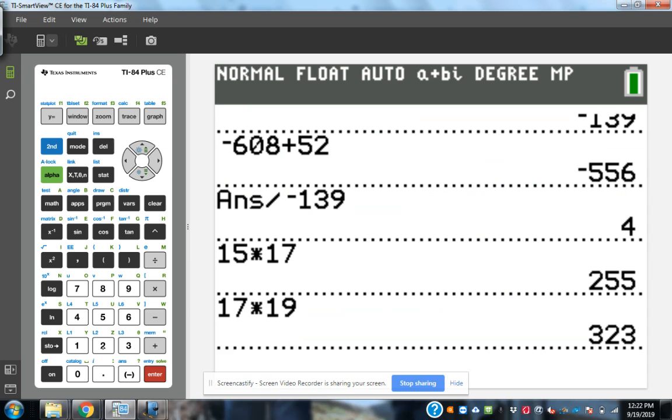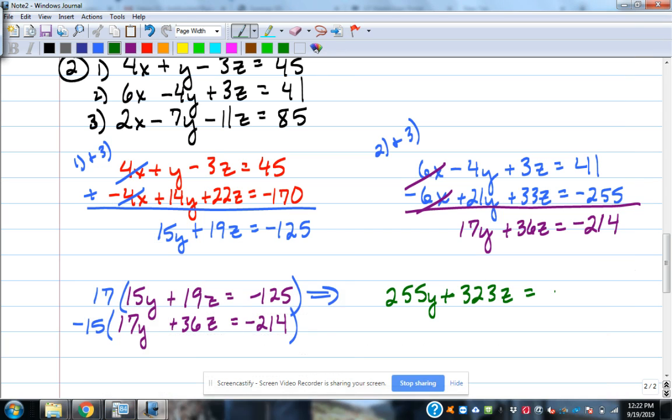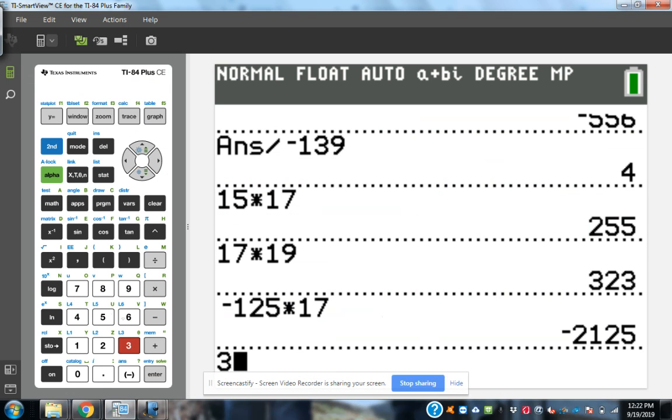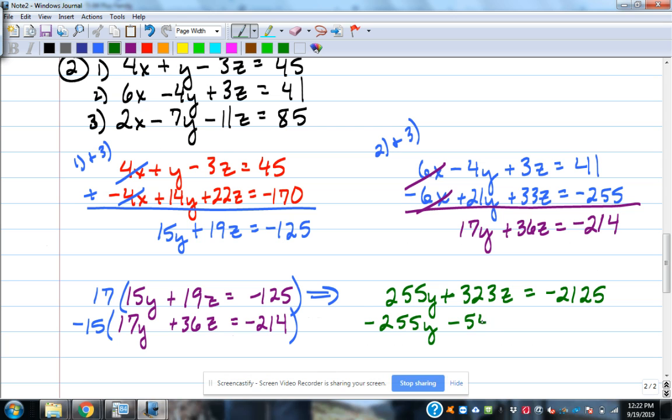And then 125 times 17. 2125. Negative. I know this is negative 255. 36 times negative 15, negative 540.